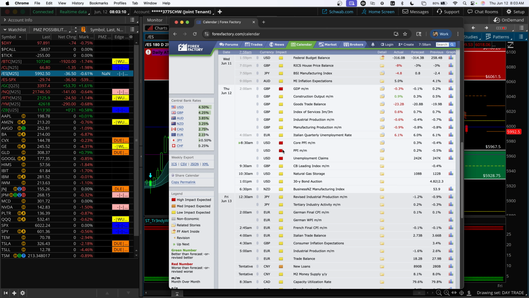The red folders mean that there is a potential for a high impact in price action when this data releases. The orange folders suggest a medium impact, and the yellow folders suggest a low impact. So I can see for today in about 30 minutes, the PPI reports are going to come out as well as unemployment claims.